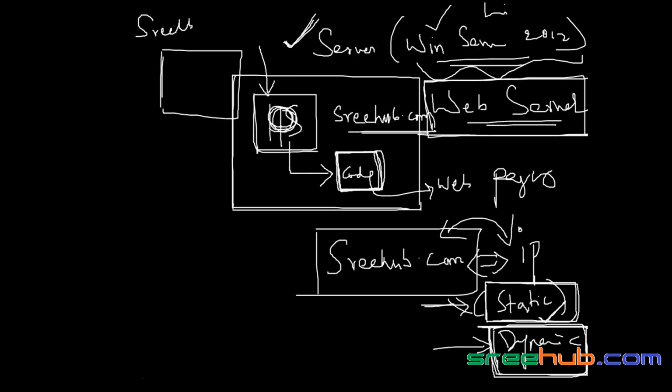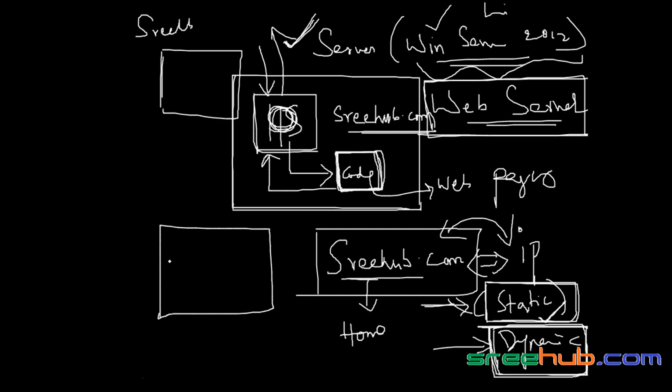If it is available, then it will serve. Let's say whenever you click on srihub.com, it is looking for some home page. Then I have my home page here, and I will be serving that trigger. My IIS will pick it and serve it back. That's the reason why you actually get your site page.